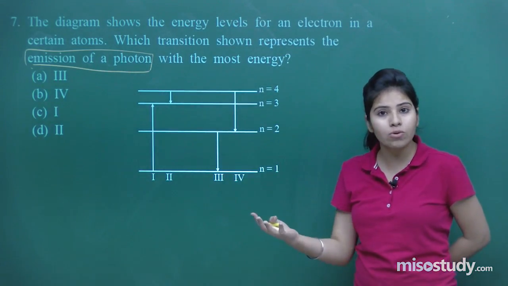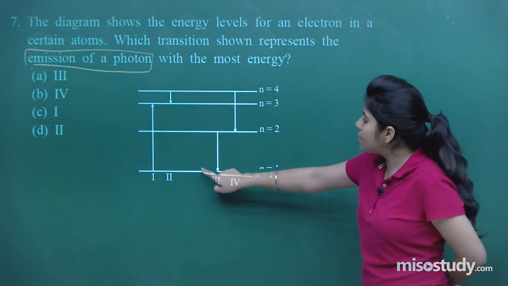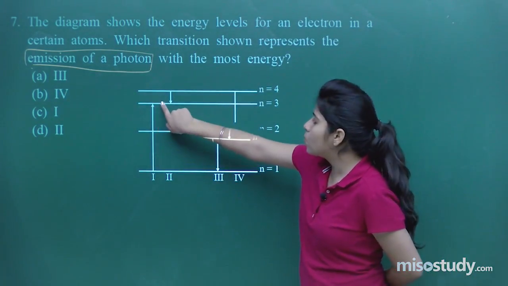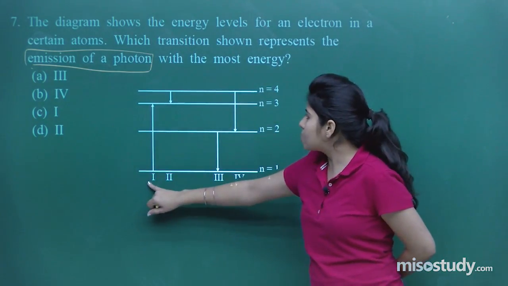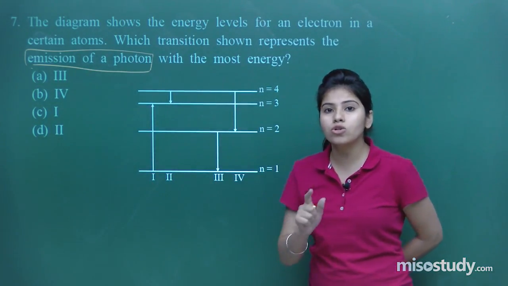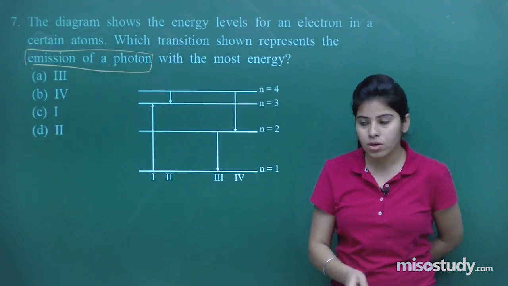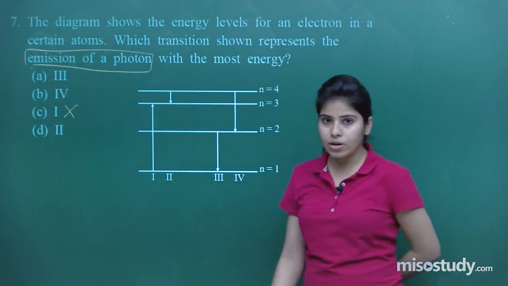It will not emit a photon, it is going to absorb the energy. So in this case, from energy level 1 to 3, if I talk about the first part, it is not going to show the emission of a photon. Definitely this one option is going to be deducted from here.